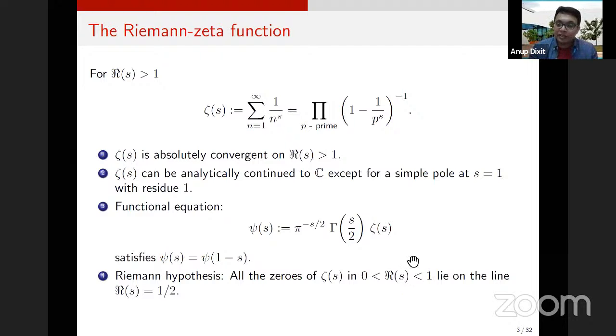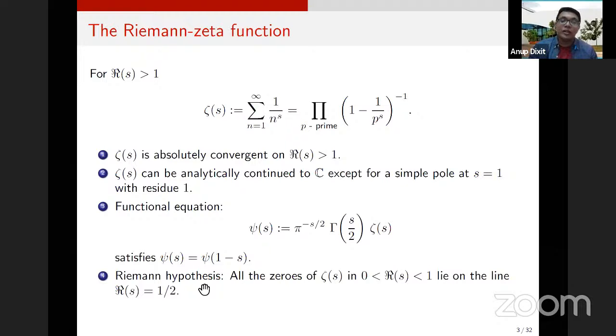So the mysterious region is real part of s between 0 and 1, and there all the zeros lie on the half line, is what Riemann conjectured. The point to note here is, as I told you, the Riemann zeta function is associated with the underlying object, the integers. And this zero distribution, for example if you assume the Riemann hypothesis, gives you information about the prime distribution in the natural numbers.